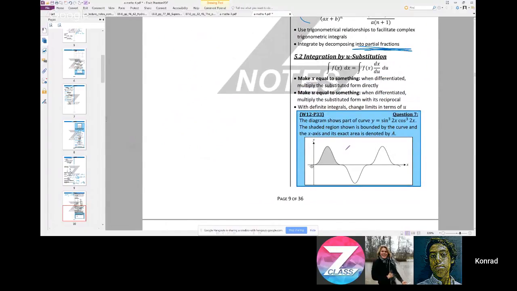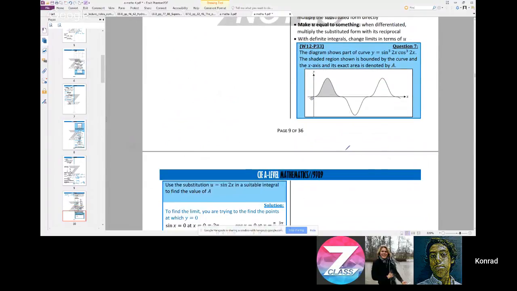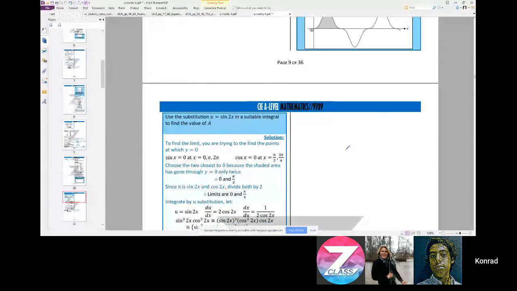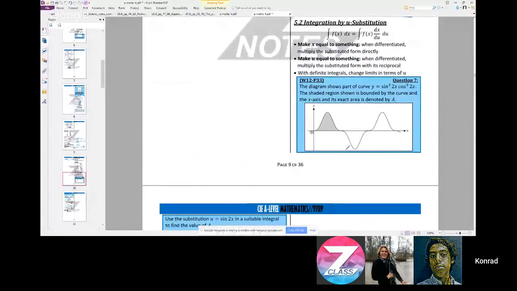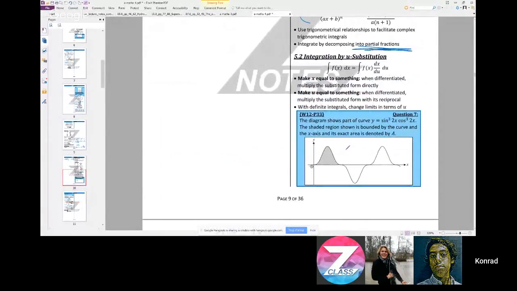And in general, it is harder and more complicated to do. So, integration by substitution.